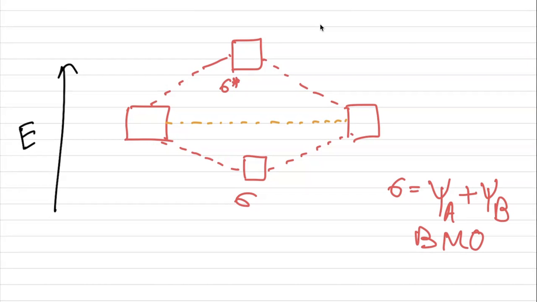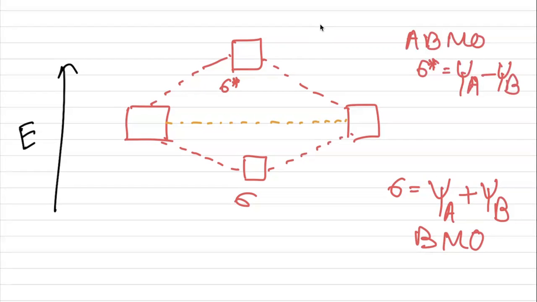And in case of antibonding molecular orbital, that is psi star, psi A minus psi B, that means sigma star, that is antibonding, and there subtraction between the wave functions of the atomic orbitals will take place.